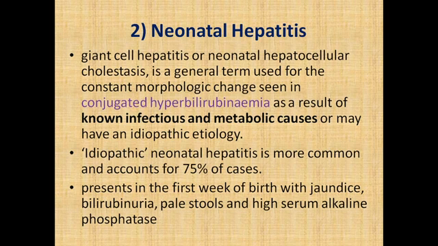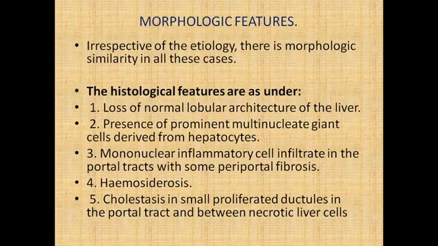Idiopathic etiology accounts for more than 75% of cases, and it presents in the first week of birth with jaundice, bilirubinuria, pale stool, and high serum alkaline phosphatase. Why bilirubinuria? Because it is conjugated hyperbilirubinemia, so conjugated bilirubin is excreted in urine.